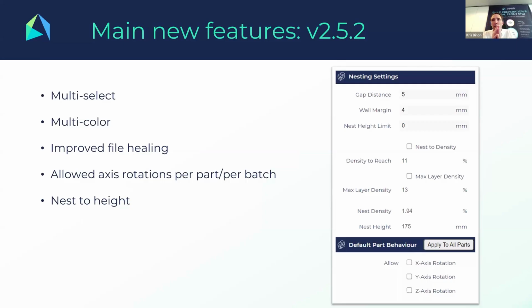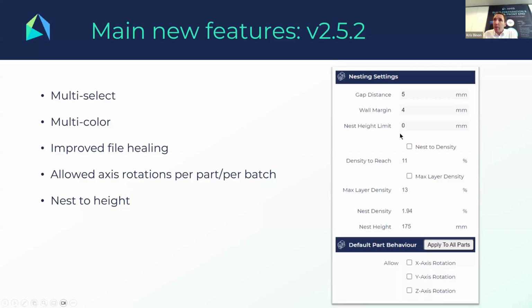But you can just as well do that on a per batch basis and say, okay, for this entire batch, everything inside this batch, rotation over the Z-axis is allowed. And it makes it much faster to quickly allow for these rotations.